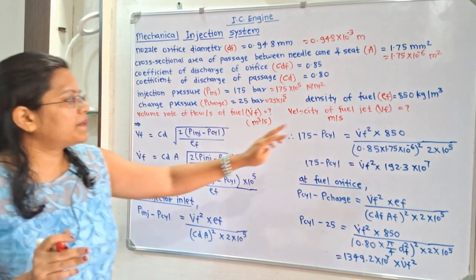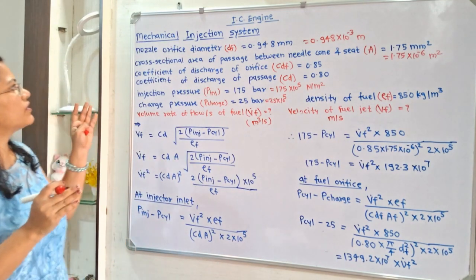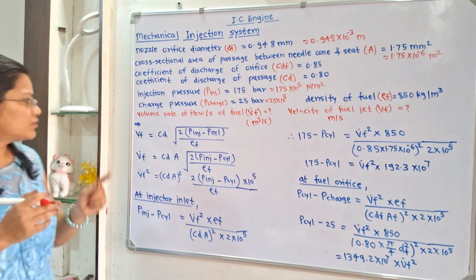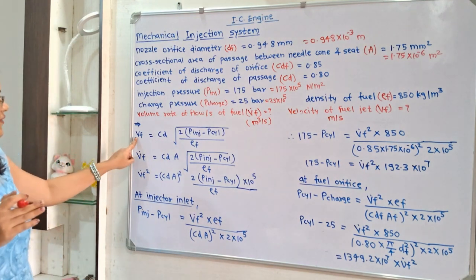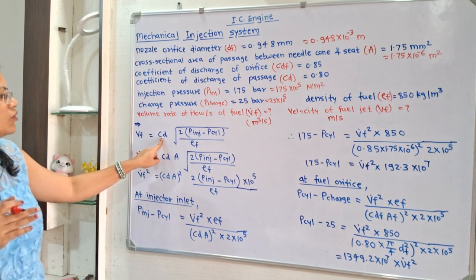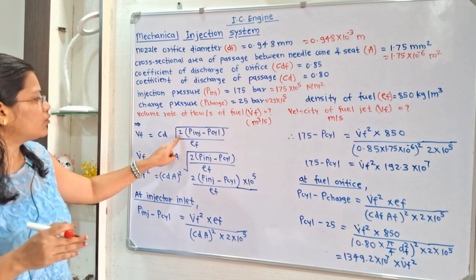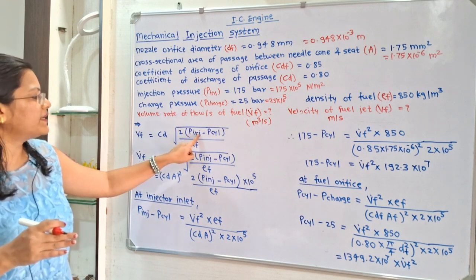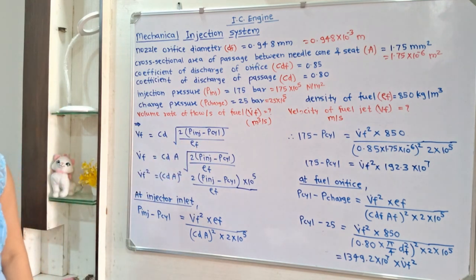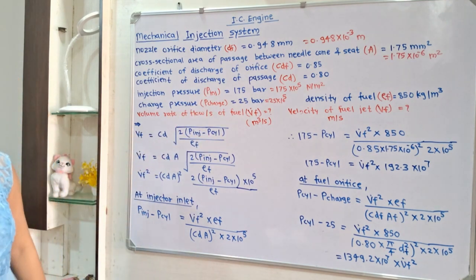Now why multiply area with Vf? Because we have a formula for this mechanical injection system in terms of Vf. What is this formula? Vf, the velocity of fuel jet, is equal to CD, the coefficient of discharge, times the square root of 2 into P injection minus P cylinder divided by rho F. If we observe, P cylinder is not mentioned in the question.